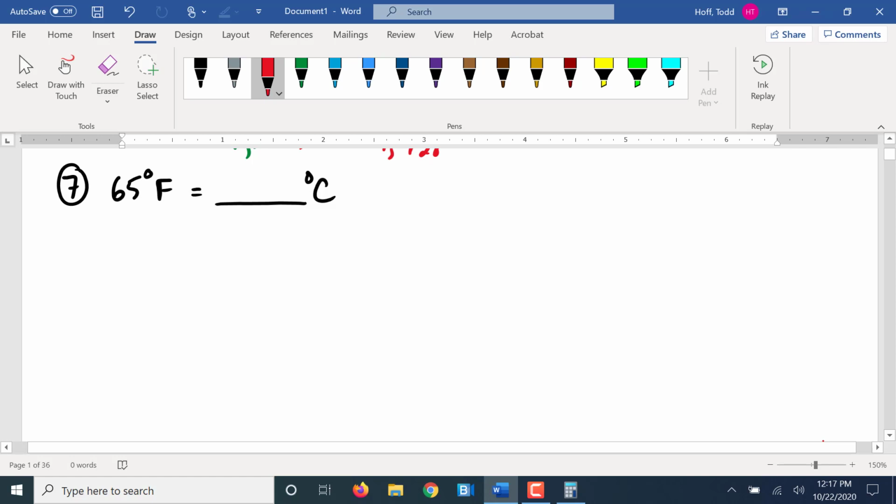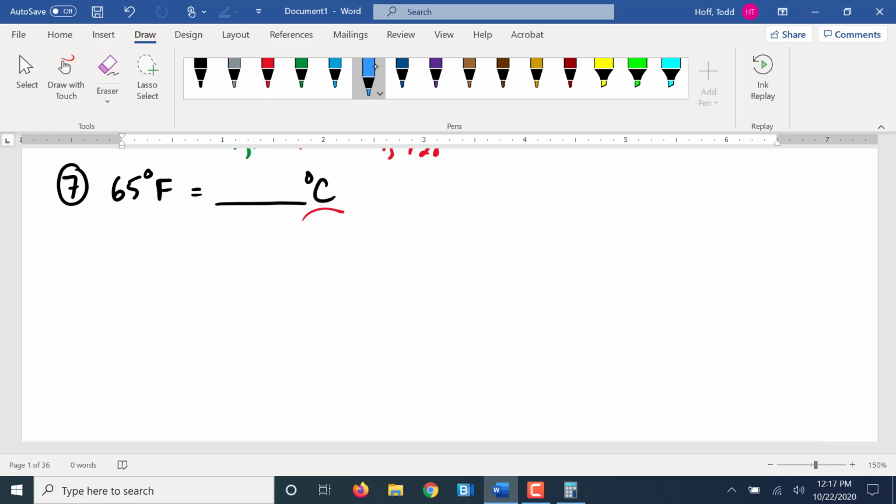Problem number 7 is to convert 65 degrees Fahrenheit into degrees Celsius. For this one, we have to use the formula. The formula you choose is the one that starts with the letter that we're trying to find. We're trying to find Celsius, so we want to choose the one that's starting with a C. C equals 5/9 times F minus 32.